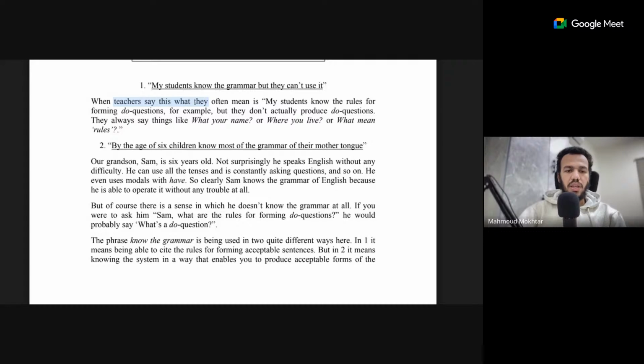When teachers say this, what they often mean is my students know the rules for forming do questions, for example, but they don't actually produce do questions. They always say things like what's your name, or where you live, or what mean rules. Okay.